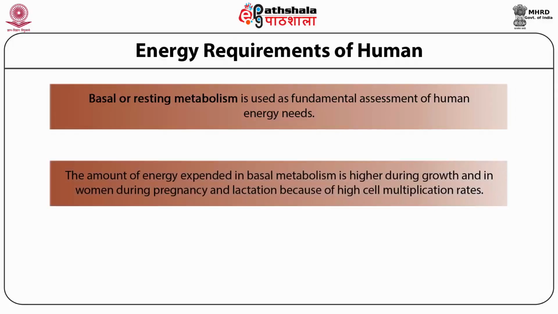The amount of energy expended in basal metabolism is higher during the growth and in women during pregnancy and lactation because of the high cell multiplication rates. Basal metabolism of an average size young adult male is 300 kilojoules per hour, but may be higher in pregnant and lactating women, maybe around 400 kilojoules per hour or as low as 150 kilojoules per hour in young children.